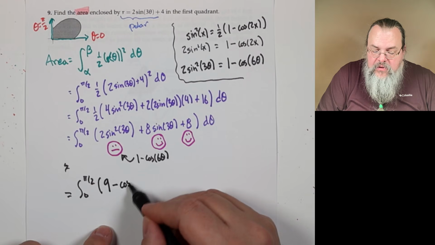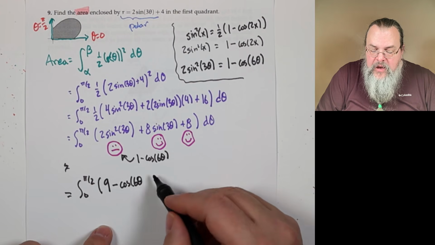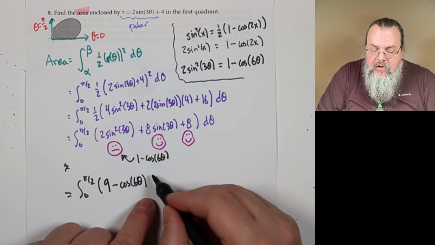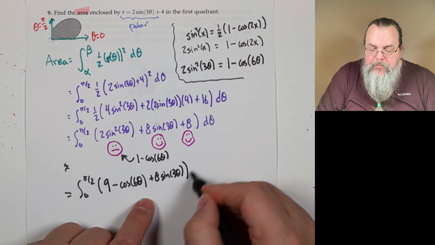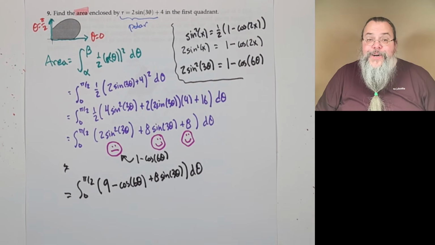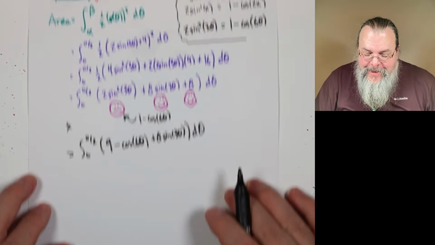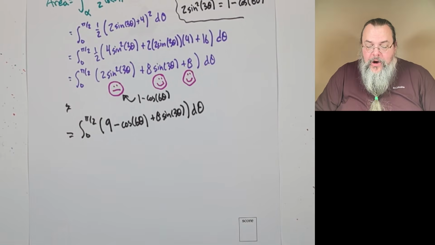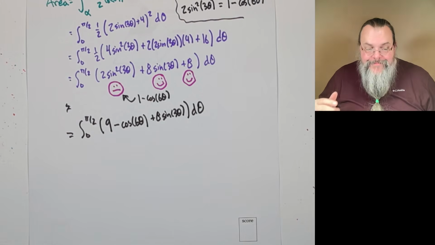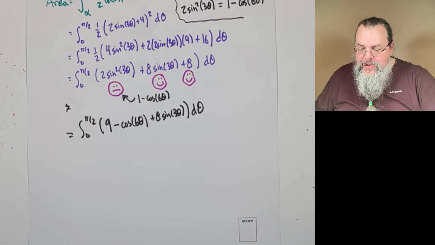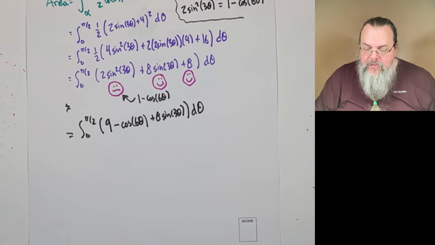Minus cosine 6 theta, and then plus 8 sine 3 theta. All right, that's our computation. And all of these now are happy integrals. So we're in our home stretch. We just need to evaluate these pieces.